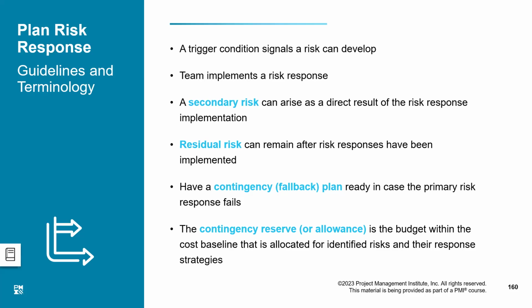Then we must have two concepts: one is the contingency or fallback plan, and the other is contingency reserves or allowances. You see, a contingency plan is for issues. It is not for risks.